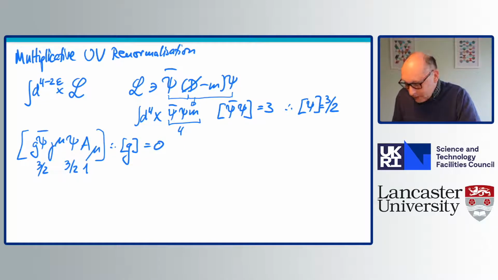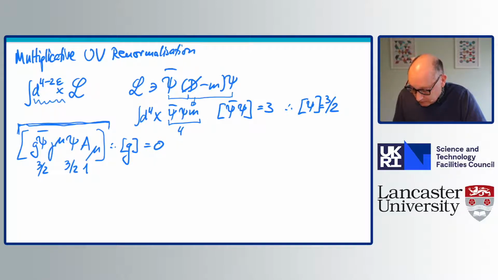Now, when we change the dimension that we integrate over in space-time to 4 minus 2 epsilon, suddenly the integral of this term no longer comes out dimensionless. We need to rectify that. We don't want to change the dimensions of the fields.